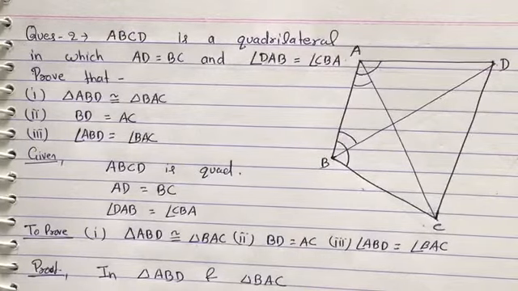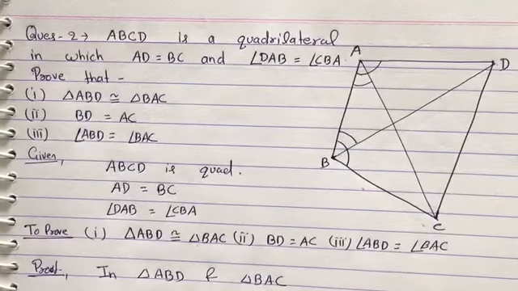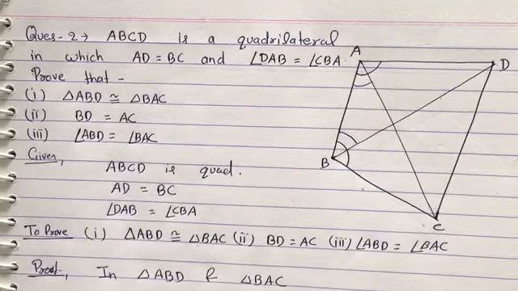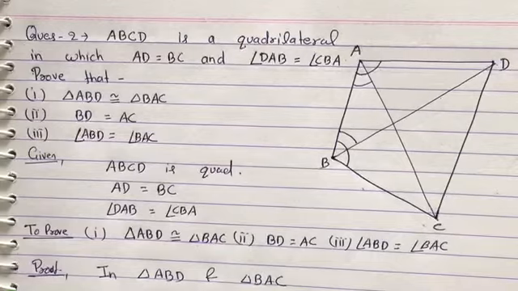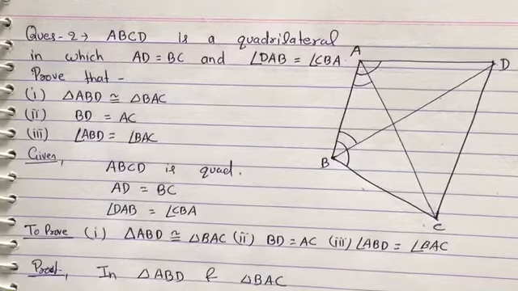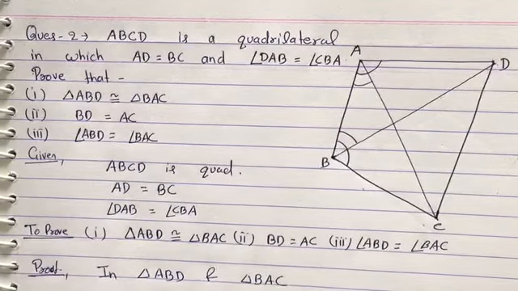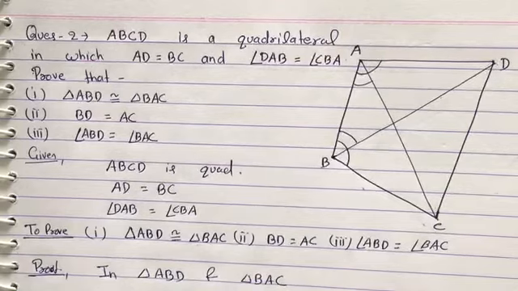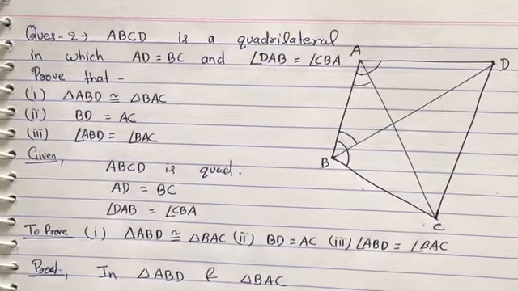First of all, you have to read the question, then understand the figure properly, then write down all the given things, then write down what you have to prove or find. Then look whether there is any construction or not. If there is construction, then do the construction. If not, then just go for the proof or solution.